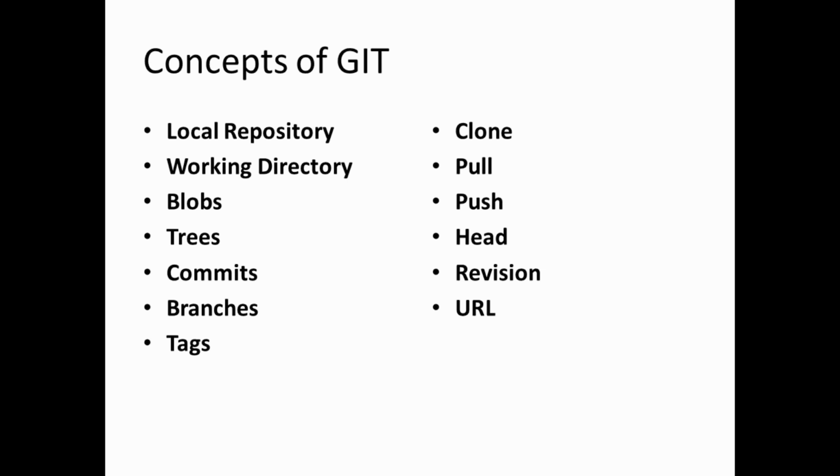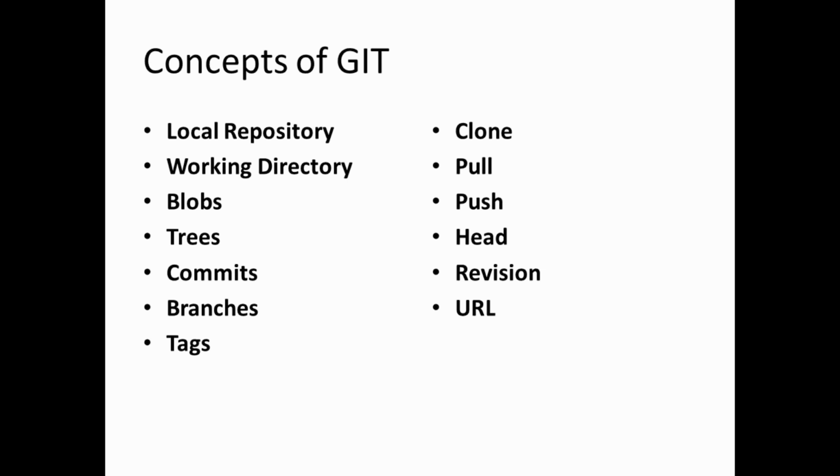You give a name to make ourselves understand what type it is, like a branch number, or if it is a maintenance release, just tag it as MR. So tagging is giving a meaningful name to make ourselves understand what type of repository we are going to use.